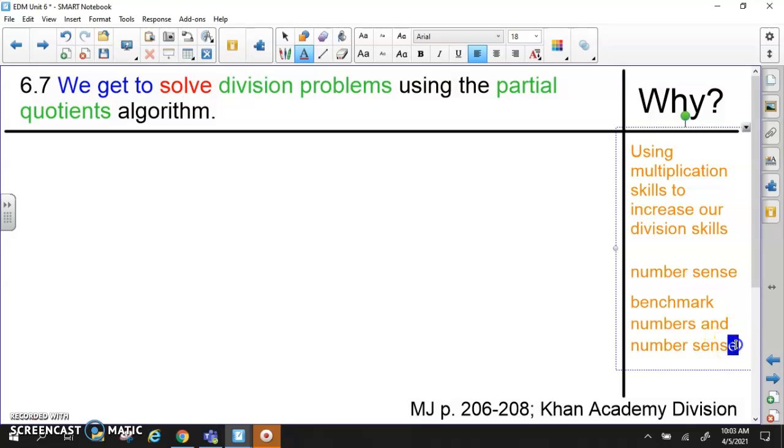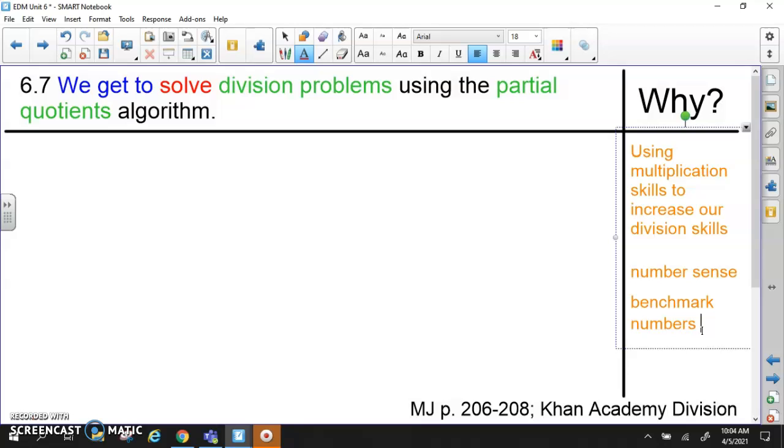I guess we already did number sense, right? But benchmark numbers are, I guess the best way to explain it, numbers I know when I get factors. Factors are the two numbers you multiply for multiplication to get to a benchmark product, right? So I know tens very well when it comes to factors.